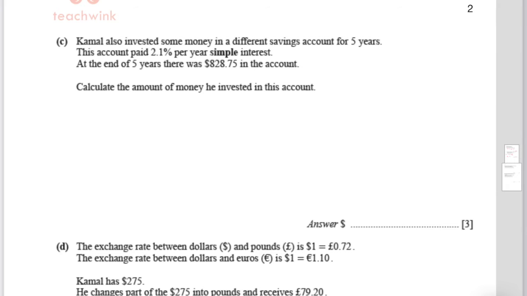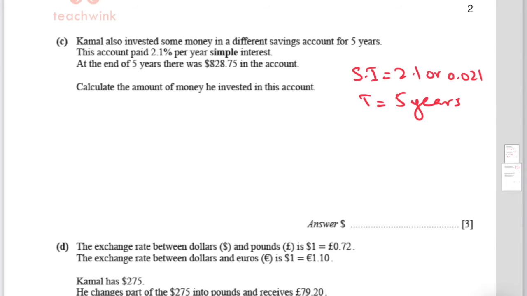The first thing that you have to understand is that the simple interest rate is 2.1%, or if we convert this into a decimal, we divide it by 100, we get 0.021. Then he paid the same amount of interest for 5 years. So the time is 5 years. So let's put all of this into a formula.